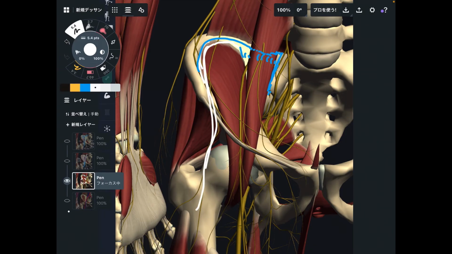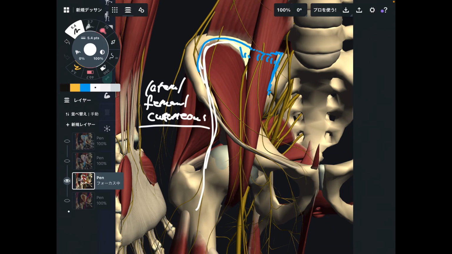Very important nervous tissues. These nerves have a relationship with iliacus. Look at that, very close. This is the lateral femoral cutaneous nerve. This nerve takes sensory information around the thigh, particularly on the lateral part. Number one, lateral femoral cutaneous.